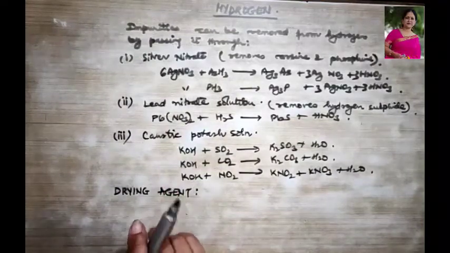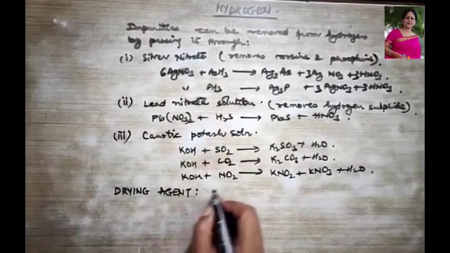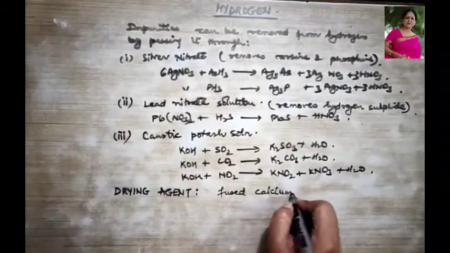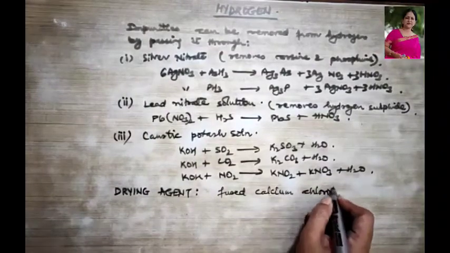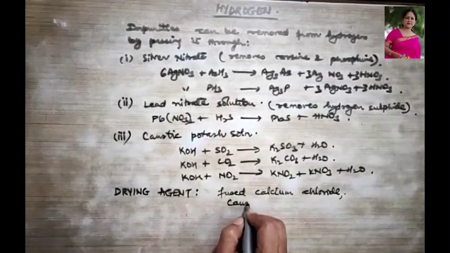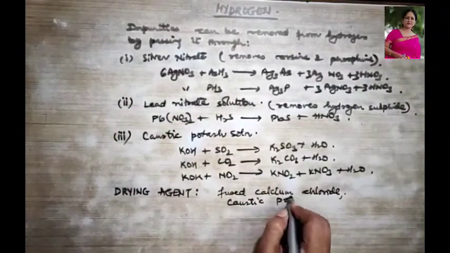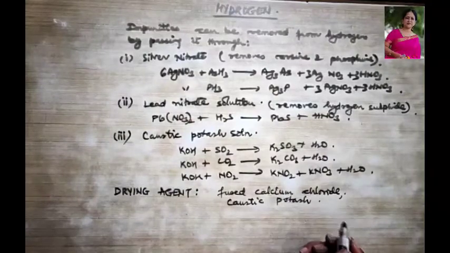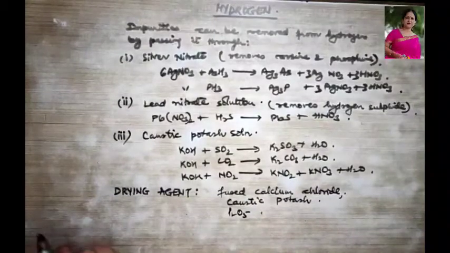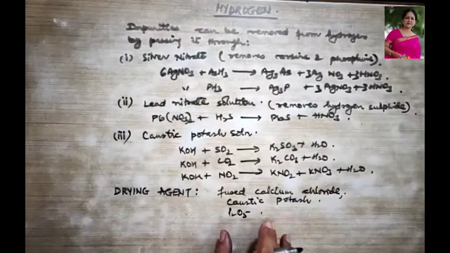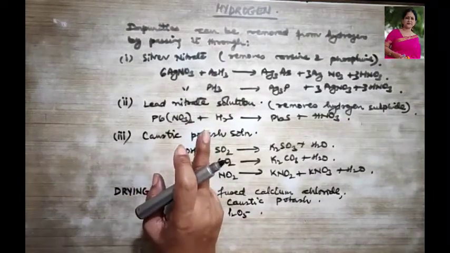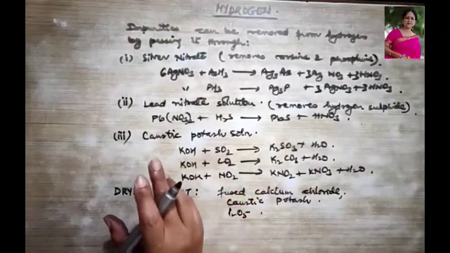We can use common drying agents like fused calcium chloride, or caustic potash, or even phosphorus pentoxide, right?